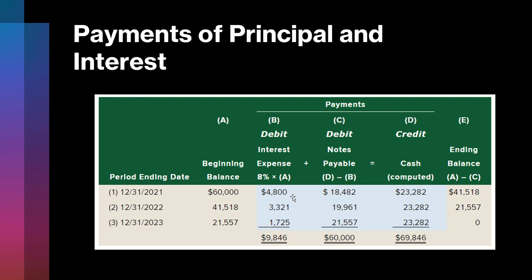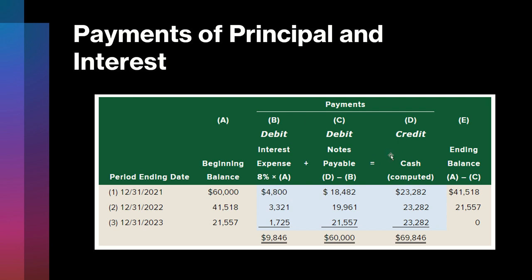Then you have the notes payable. Before we get into that, jumping over to column D, column D shows the 3 annual cash payments made by Frank. We've calculated the interest expense by taking 60,000 multiplied by 8%, which gives us $4,800 of interest recorded in the first year.